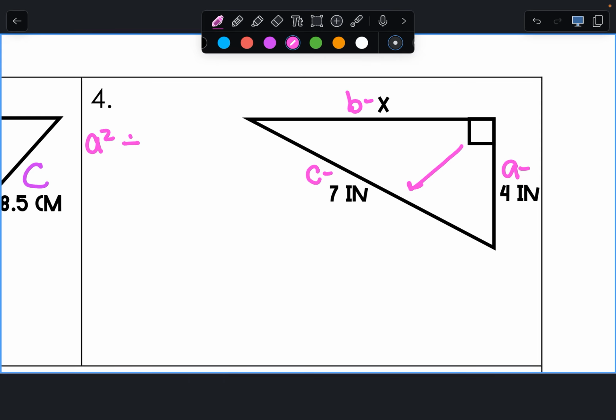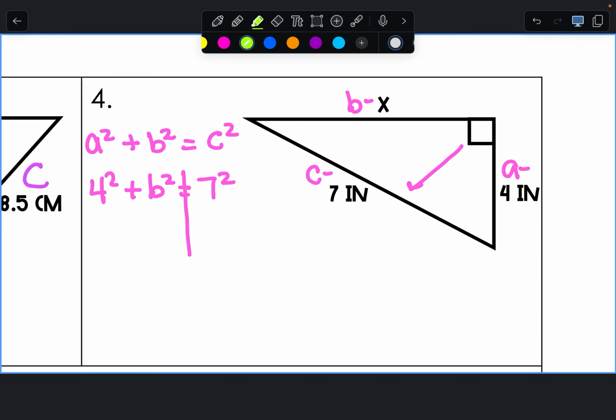Now I'm just going to overcompensate and talk about the hypotenuse way too much. All right. This time we're going to leave our missing side as B. Honestly, it doesn't matter, but we have A. A is 4. Put your squared on it. B squared equals 7 squared.